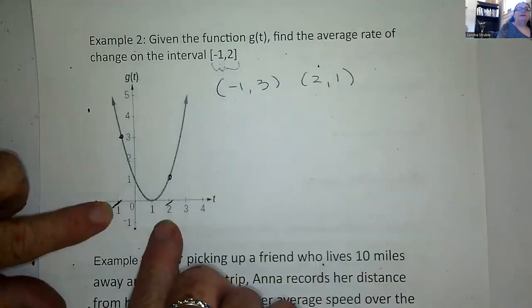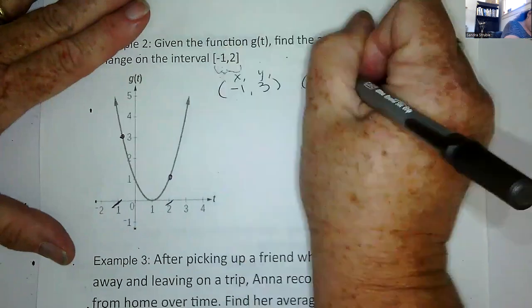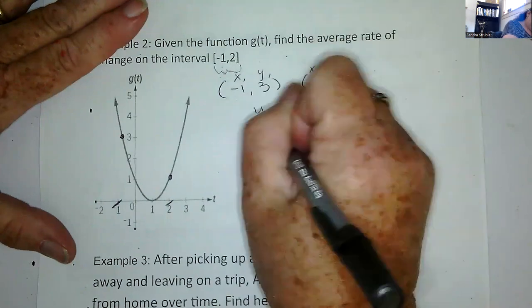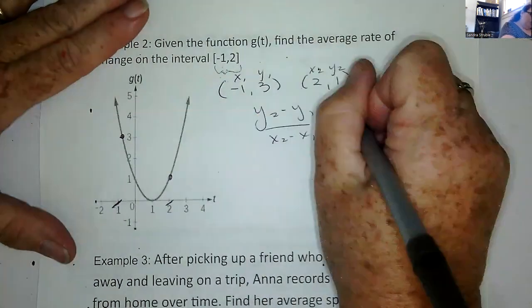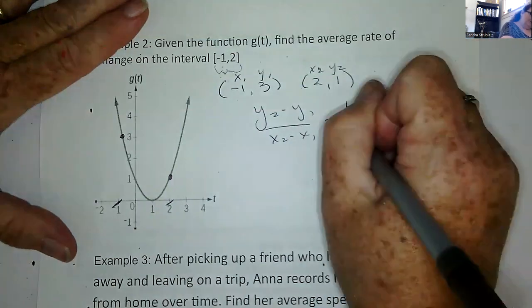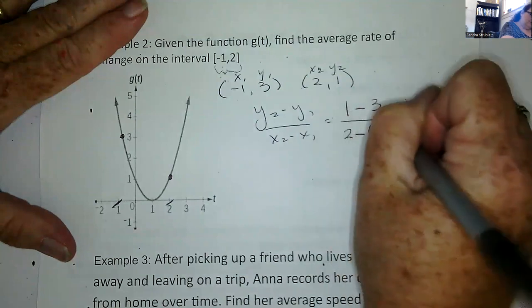The interval is from -1 to 2. So x1, y1, x2, y2, and we're going to do y sub 2 minus y sub 1 over x sub 2 minus x sub 1. Y sub 2 is 1 minus y sub 1 is 3 divided by x sub 2 is 2 minus x sub 1, which is -1.